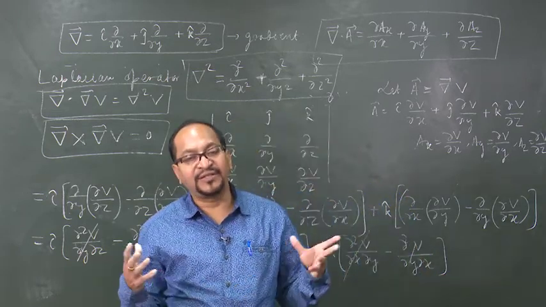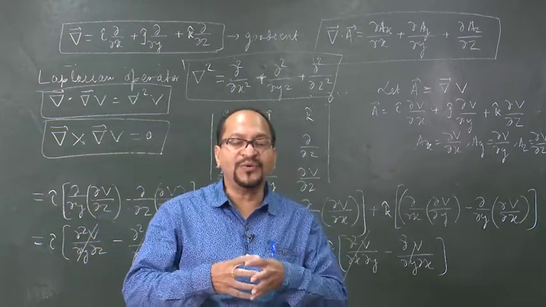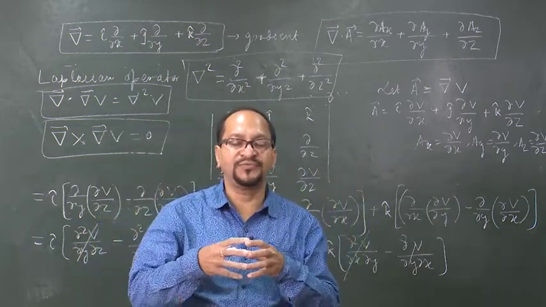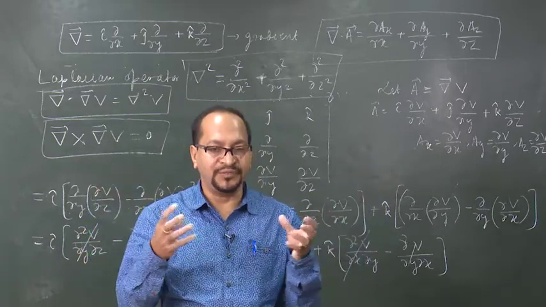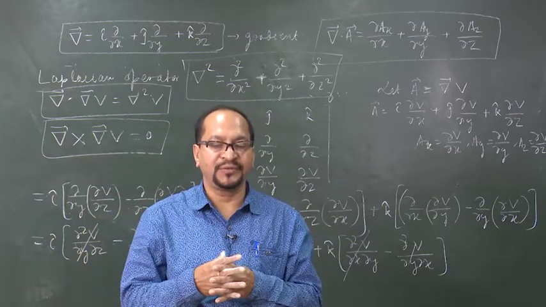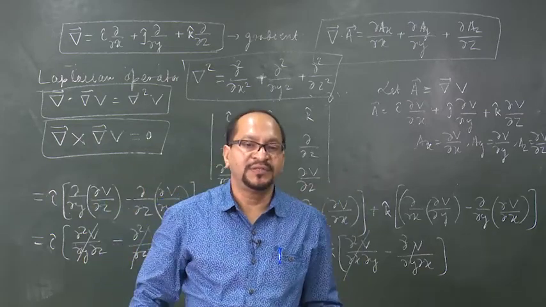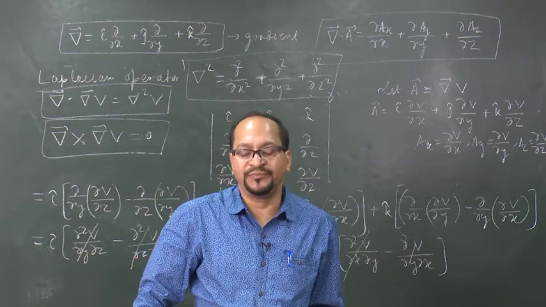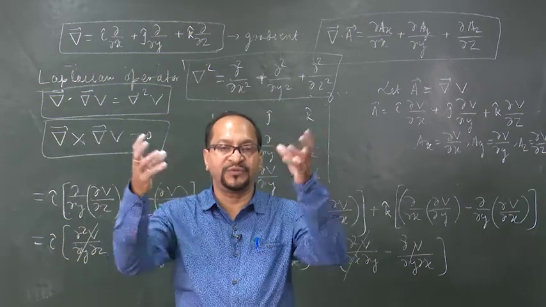Divergence of a vector quantity shows how much flux is coming out per unit volume from a point. What is the amount of net outward flux coming out per unit volume? Suppose there is a source from which water is flowing out.